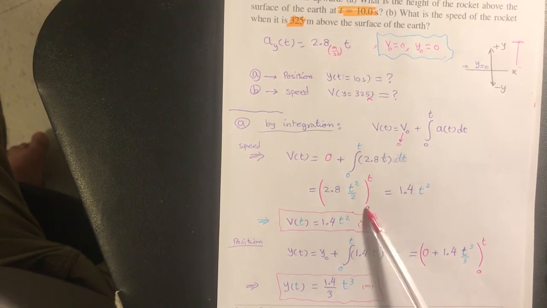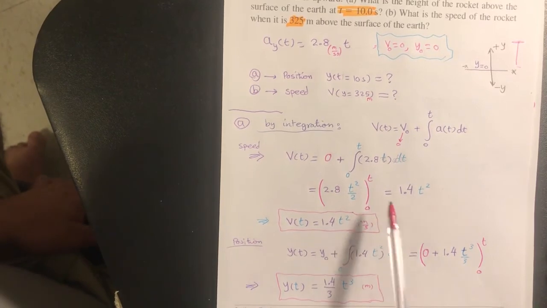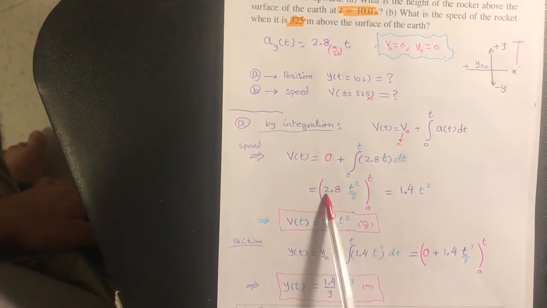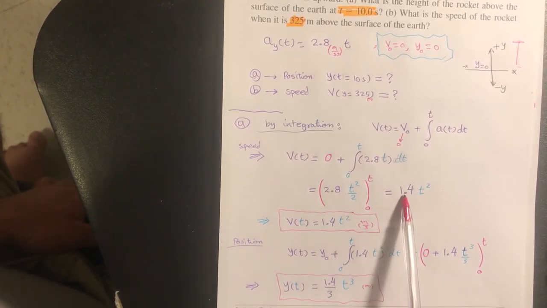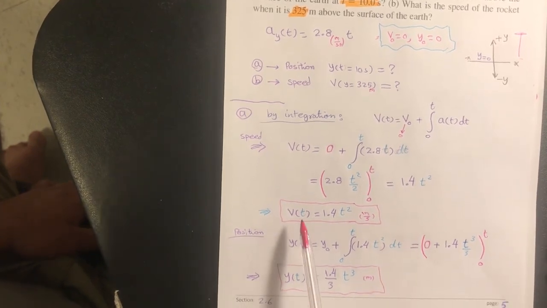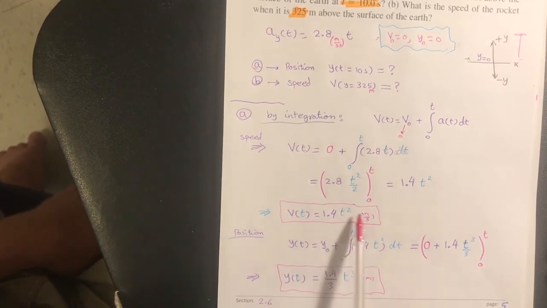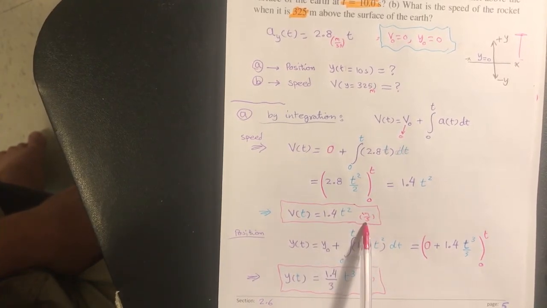The 0 term will not affect, and we have 2.8 over 2, which will be 1.4 t squared. Then the speed function of t is equal to 1.4 t squared meter per second.